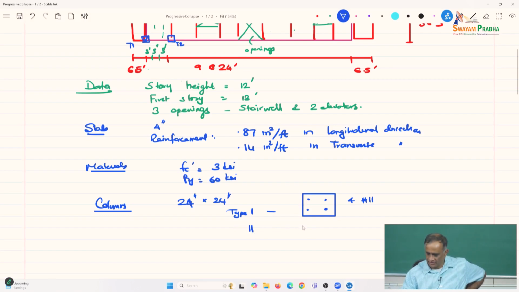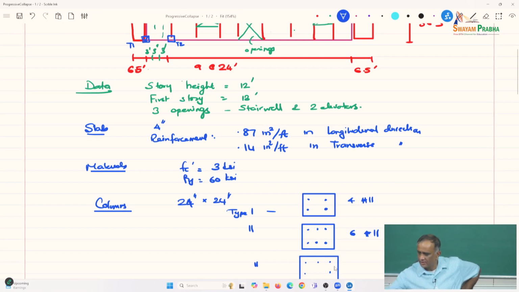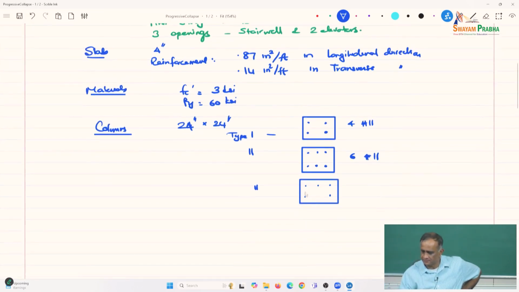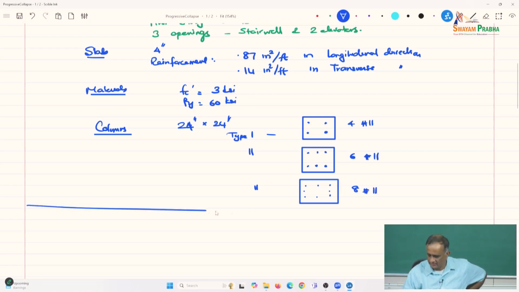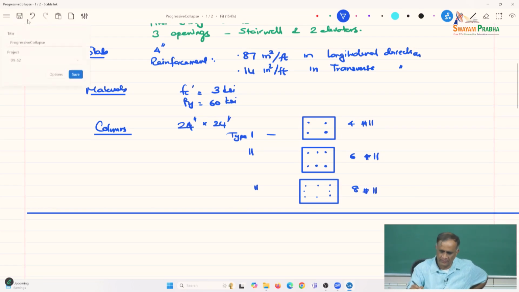Type 2 is a column with 6 number 11s, and type 3 is a column with 8 number 11s. So these are the data provided.